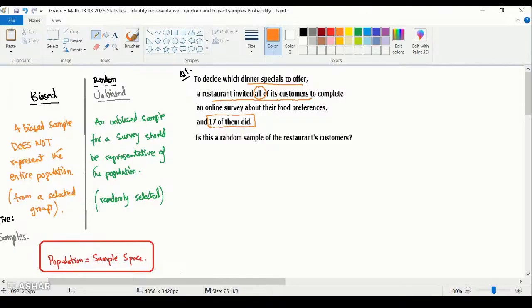Right? So what we can say is, not everyone did this, right? So is this a random sample?